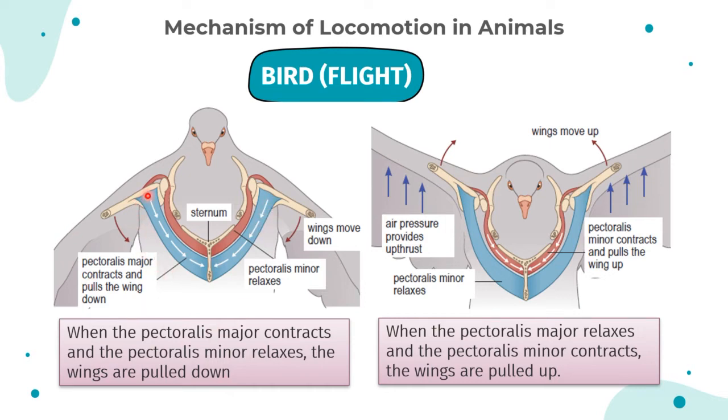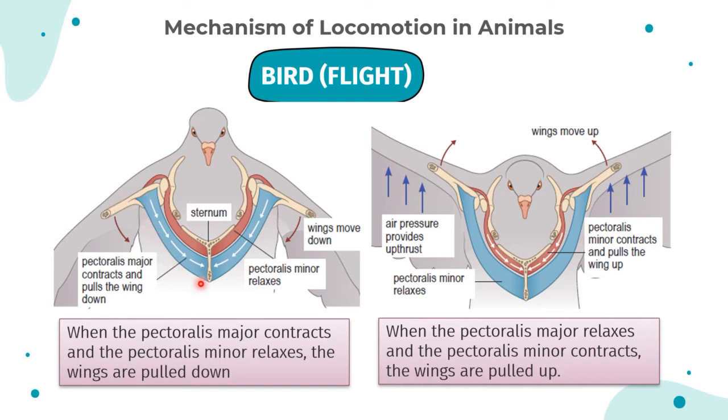When the pectoralis major contracts, it will be shortened, and it will create a pull force. That pull force causes the bones here to pull down, and at the same time, it will cause the wings to pull down.